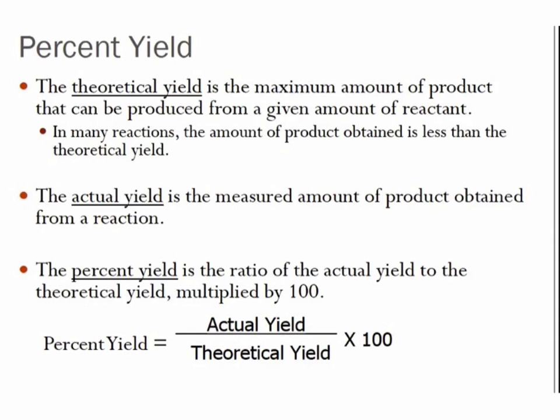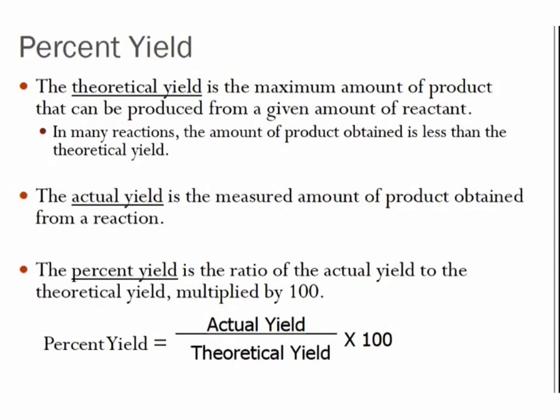Like the last problem we just did, we determined the theoretical yield, which was 151 grams. And I could say, hey, you went into the lab and you got 140 grams. What's your percent yield? So I can give you the theoretical and the actual, and then you can solve.